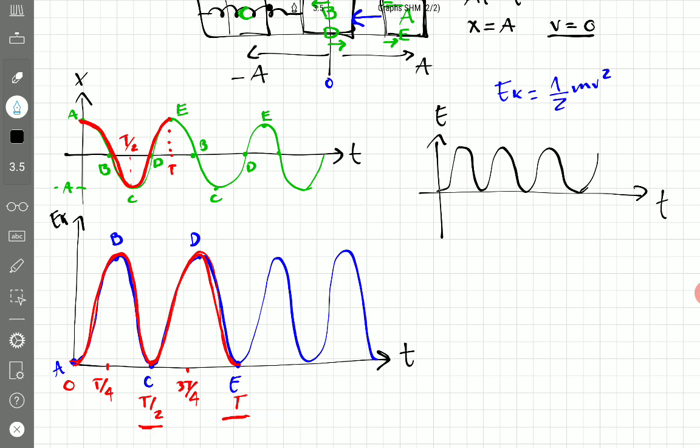Most students would say that the period is from here to here, because that's when they see one oscillation of energy was completed. But what they don't realize is that actually this first cycle of energy is completed only in half a period. So the full period is actually this one. This should be the period of the oscillation.